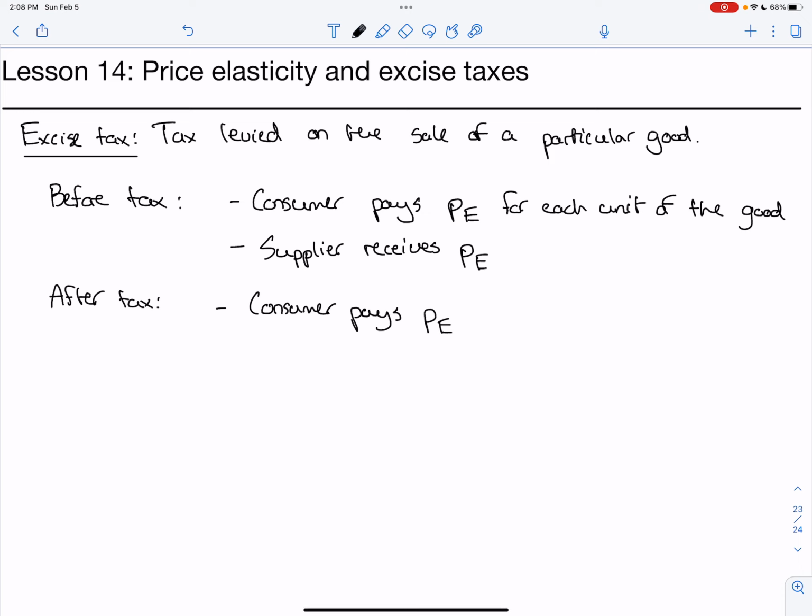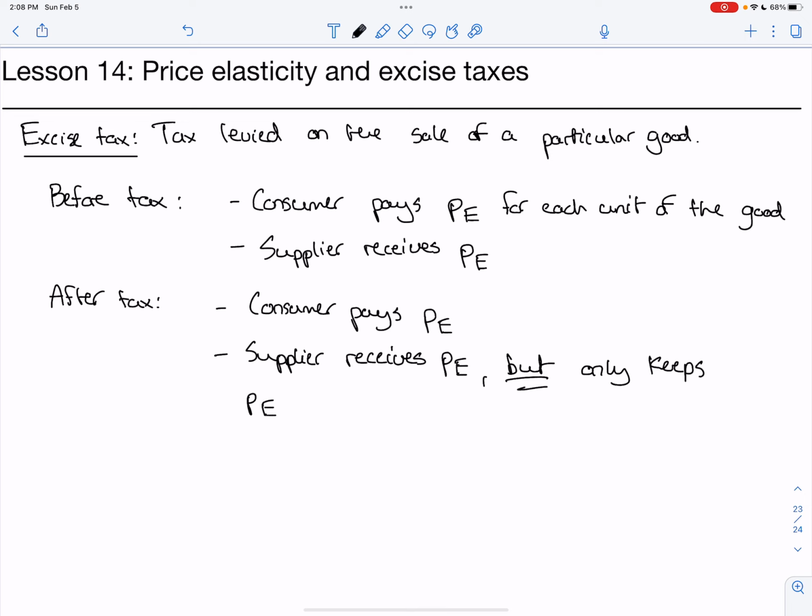Consumer pays the equilibrium price, but now the supplier does receive PE, but only keeps the price minus the tax, because the supplier has to pay that tax to the government.